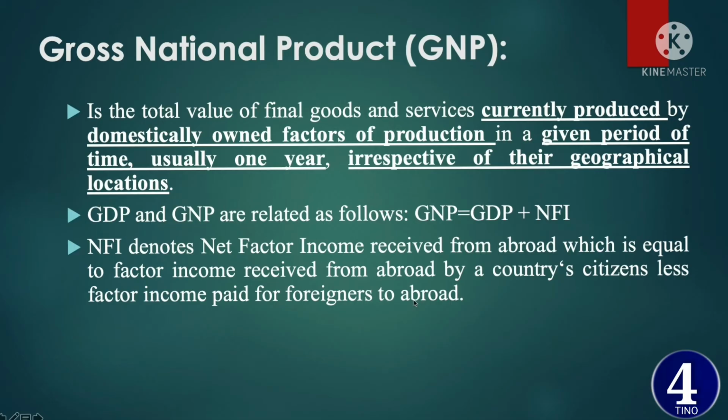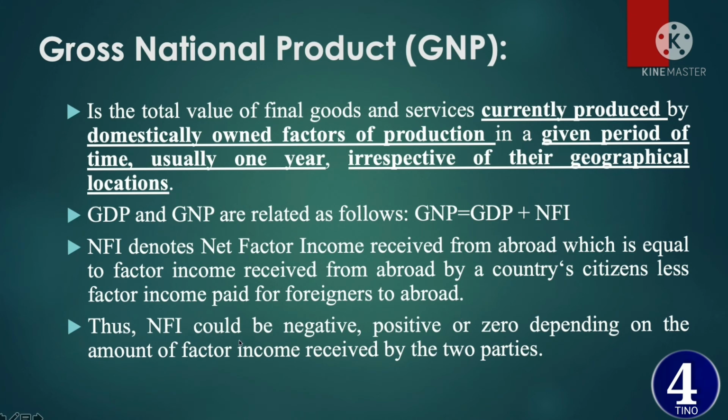Is that clear for you? We will add factor income, which is output produced by our citizens in a foreign country, minus the factor income that we have paid to foreigners inside our country.